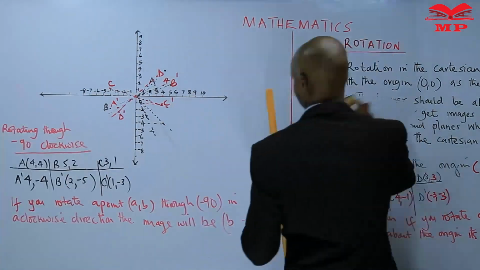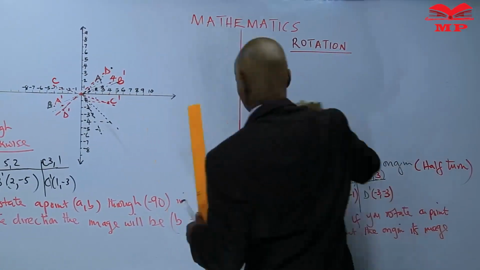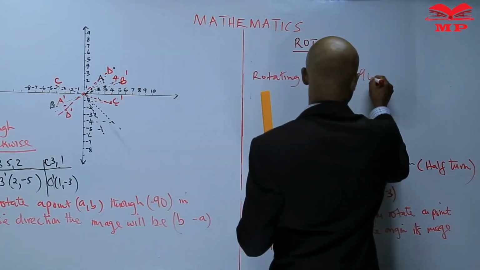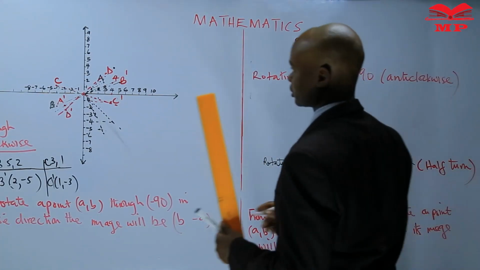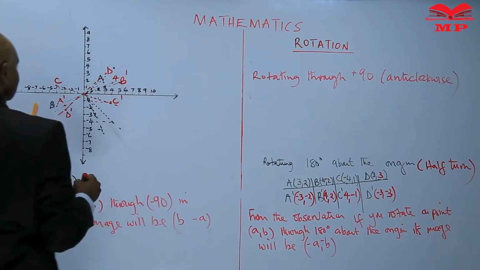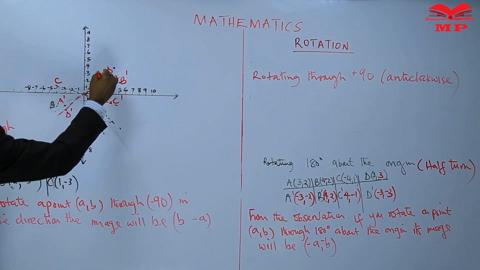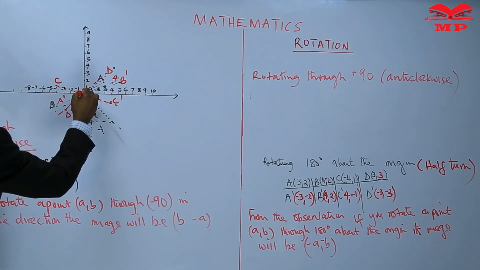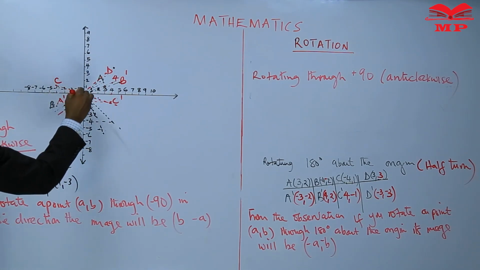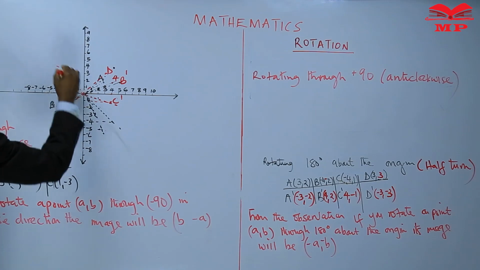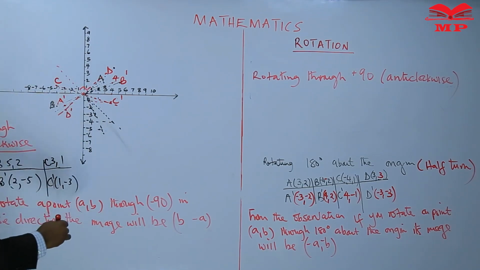So, rotating through 90 degrees anti-clockwise. If it is point D, 4, 4, you'll rotate it in an anti-clockwise direction so that you have 90 degrees there.